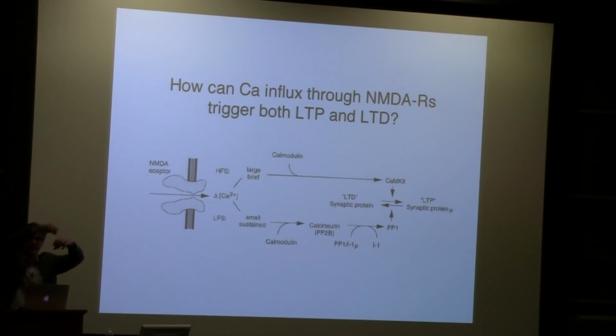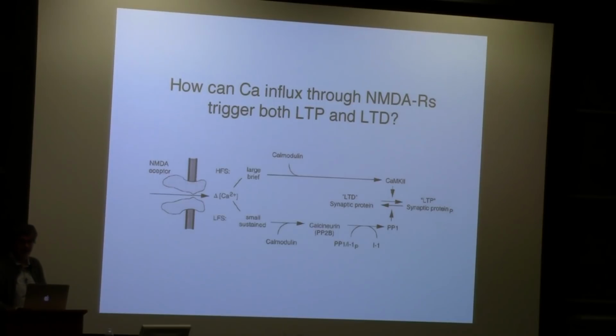If you phosphorylate it, it will be good for LTP. If you dephosphorylate it, it will be good for LTD, and you activate the phosphatase better with low calcium. As you increase the amount of calcium, you start to recruit kinases, and the kinases basically beat the crap out of the phosphatase.